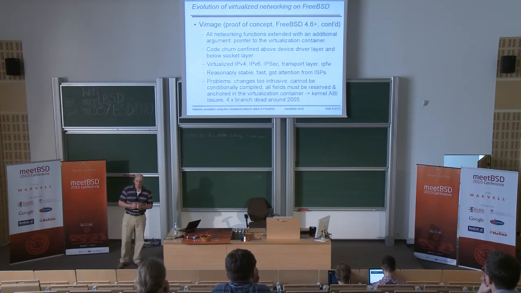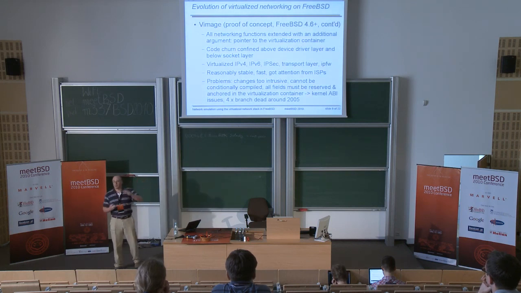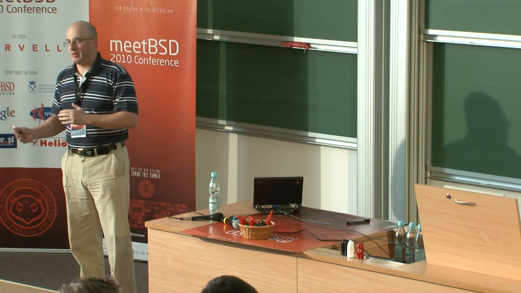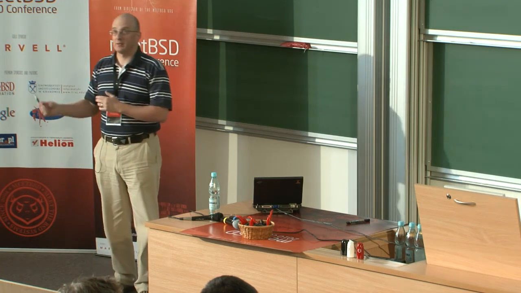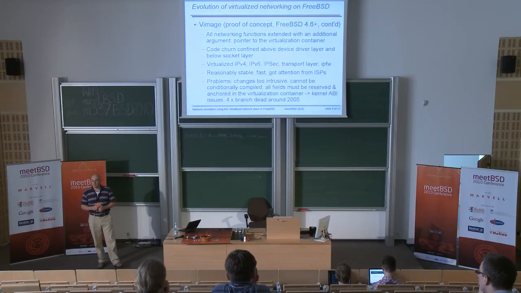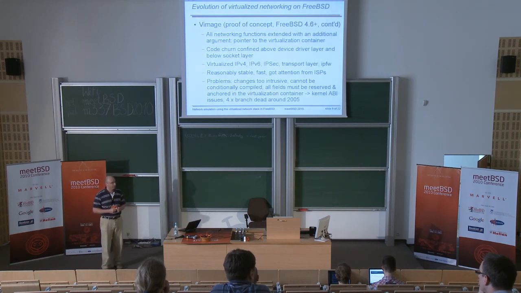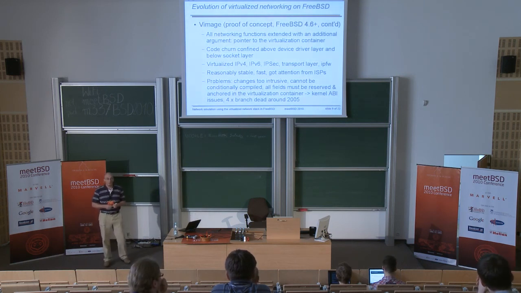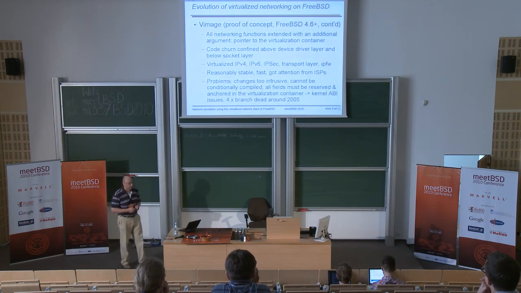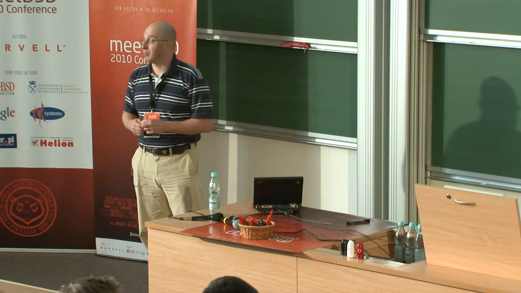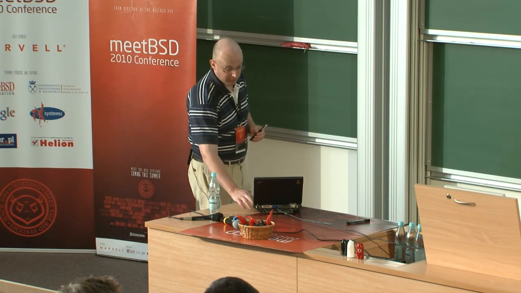But the biggest issue was that as all the global variables were put in a huge contiguous structure, each time the layout of this structure would change, any ABI contract with external KLD loadable modules would get broken, and things would no longer work. And of course, FreeBSD 4 was a dead branch around 2005, so this prototype more or less died slowly.